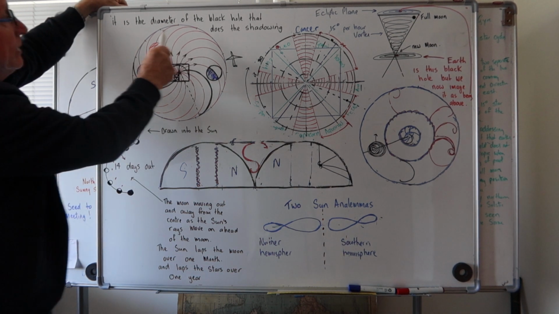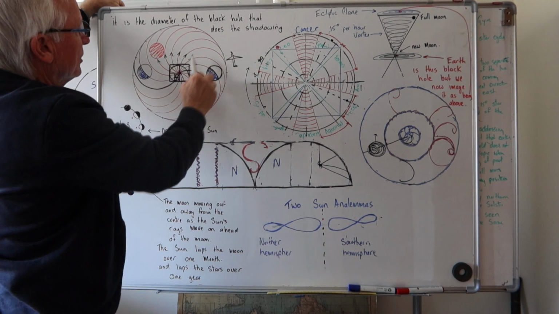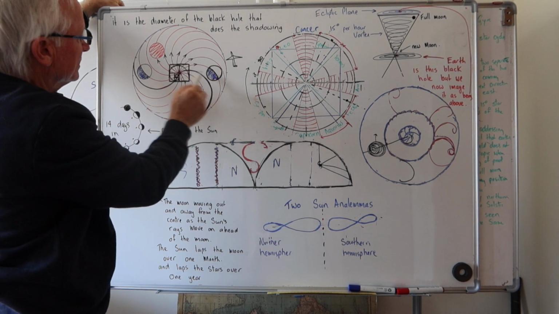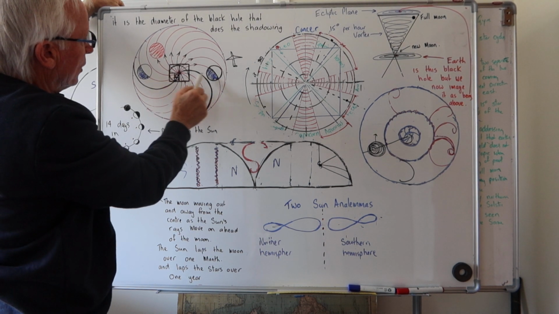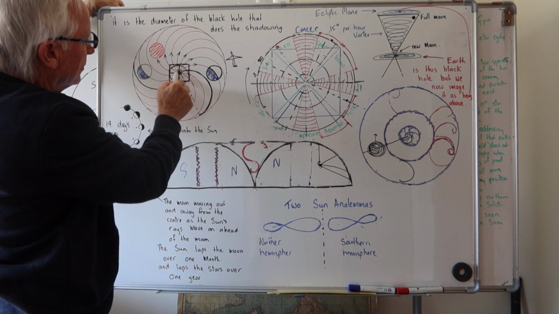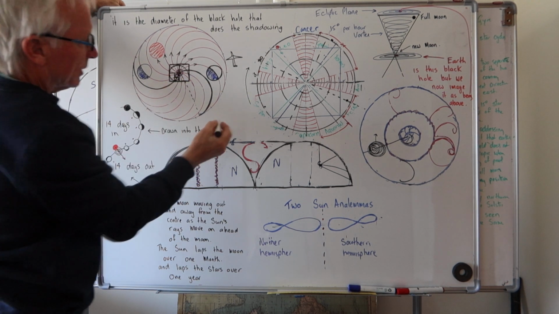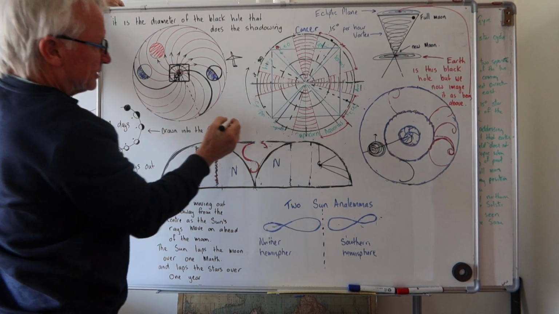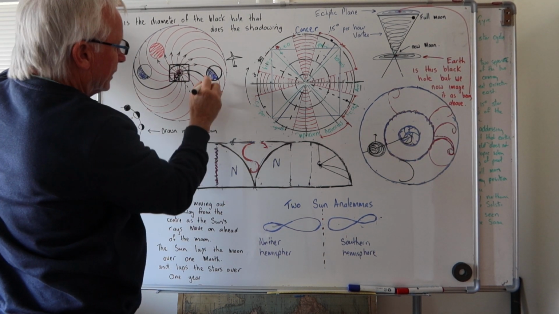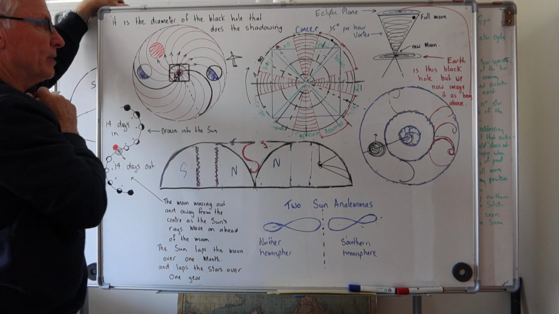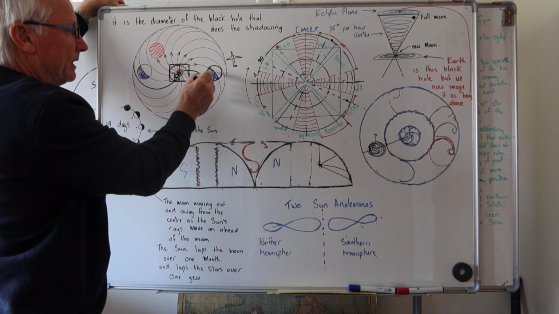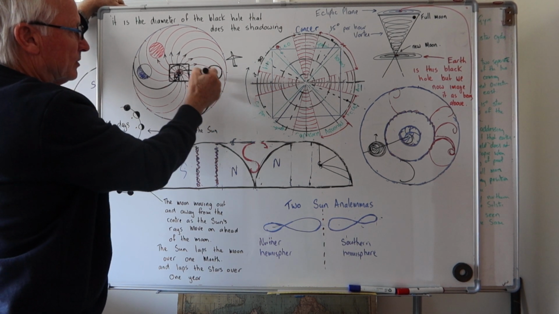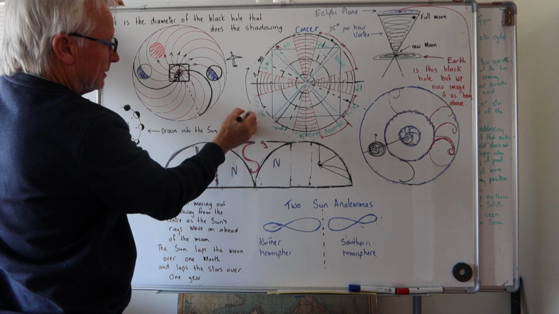Okay, so all the shadowing is done via the black hole centre. So it's where the moon is and the sun is in relation to this black hole. Because you've got to realise the black hole is bigger than the sun, and you can see this when it comes to the moon eclipses, the shadow is much bigger than the same diameter of the moon, you know.